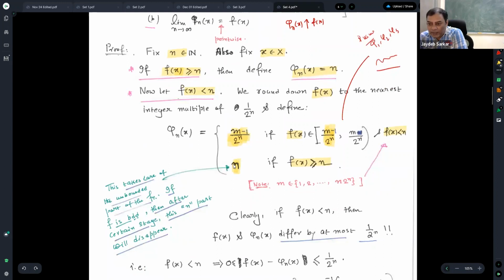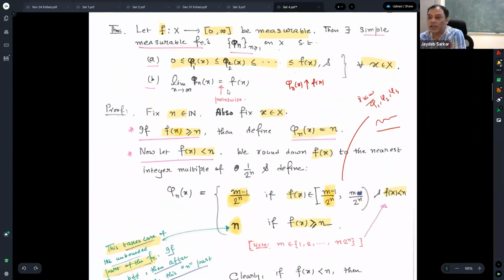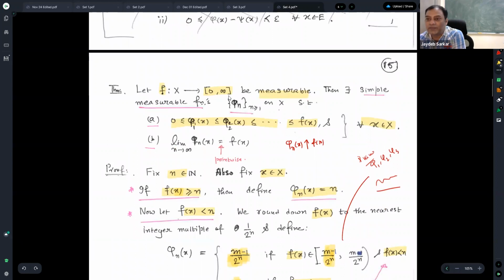So this n is a bit of a tricky part. As I have left a note, this takes care of the unbounded part of the function. See, f can be unbounded, right? It can take the value infinity.